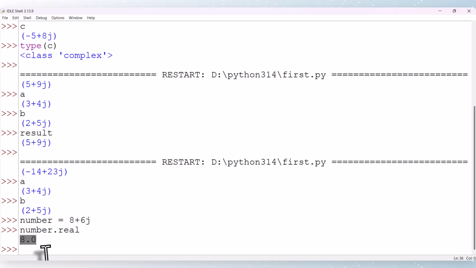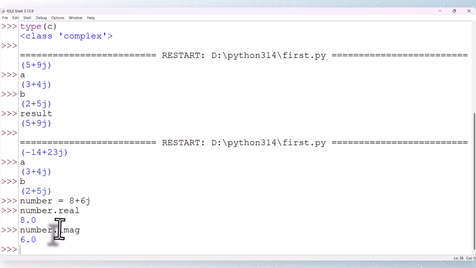The imaginary part also, number dot imag, will print the number in the form of float. So every complex number has two built-in attributes, number dot real and number dot imag, and notice that Python returns them as float.